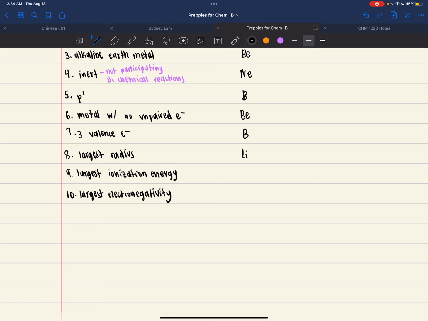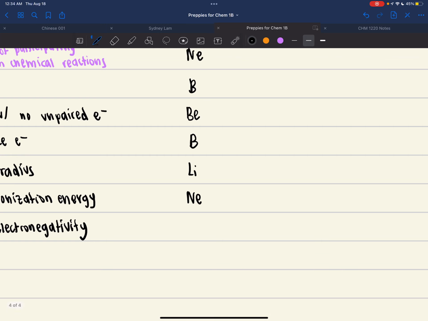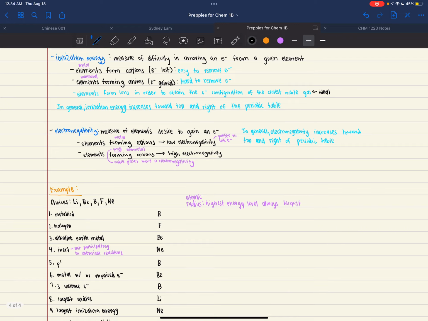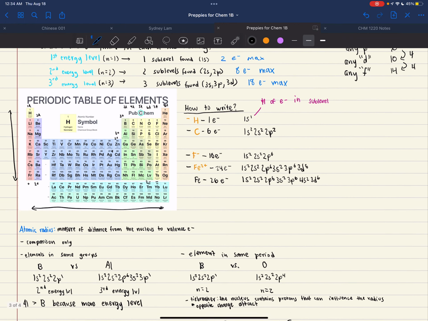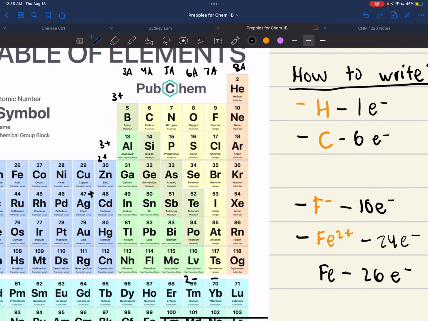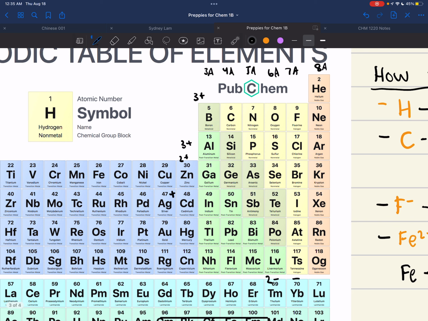The largest ionization energy would be neon, because it is the most top and right trend. But if you don't look at the trends and you want an explanation, we know that anions have a very high difficulty of removing an electron, but neon has the highest difficulty because it is already at the ideal state.